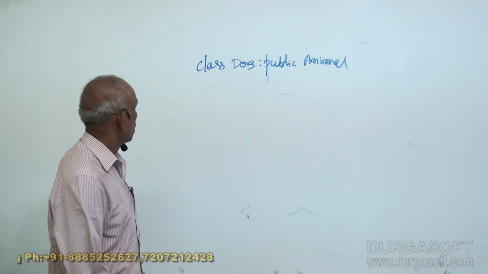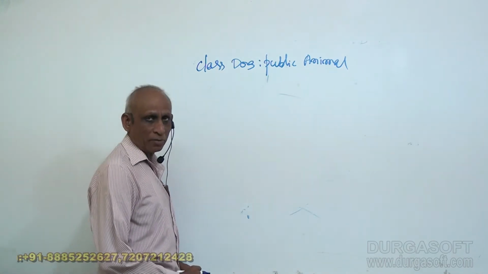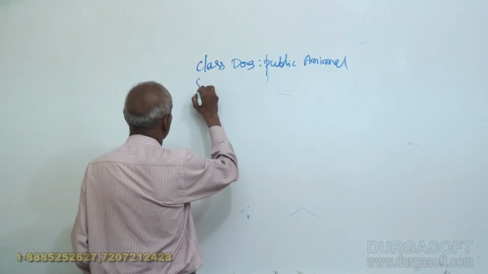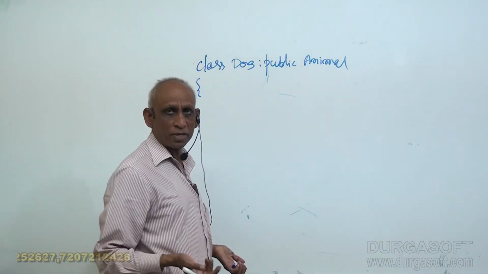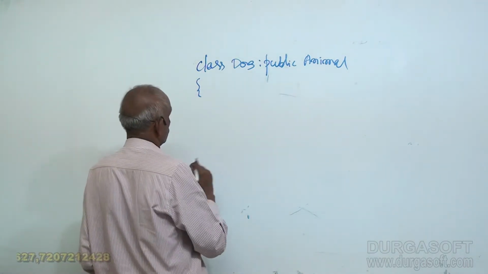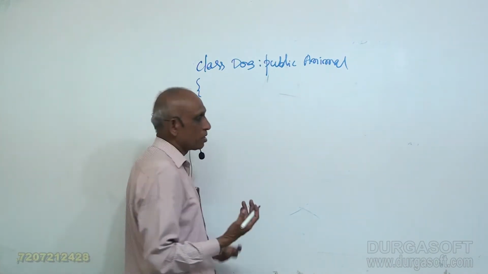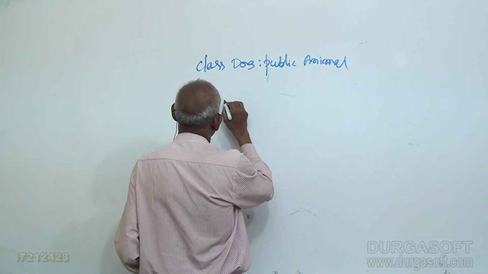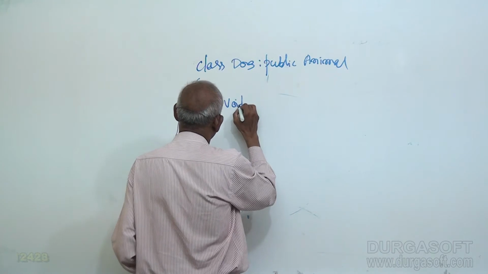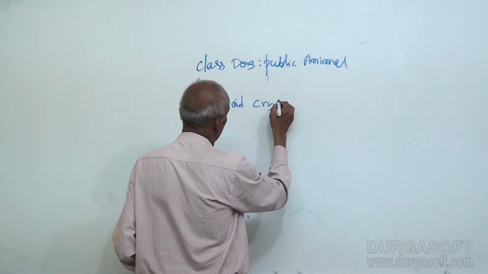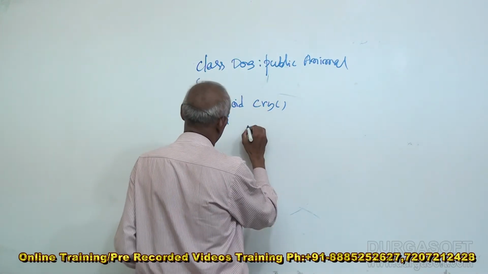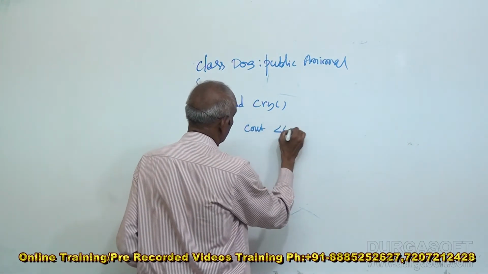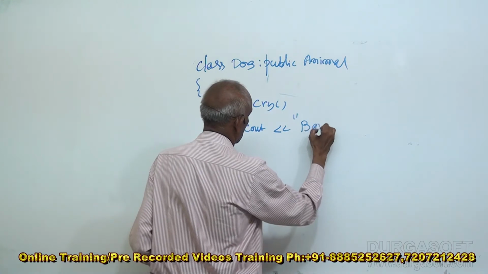Dog is derived from Animal. And Animal has only one pure virtual function. I am going to override that. That means I am going to give a body to that cry function. So I am overriding it here in the Dog. Void cry. So what will it do? A dog barks. So cout bark.